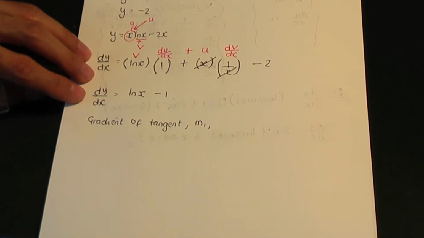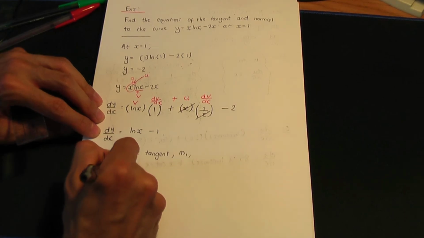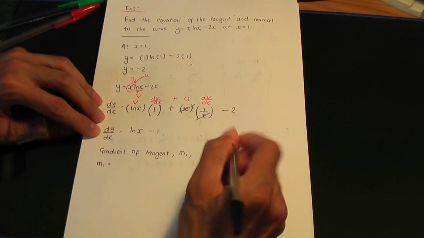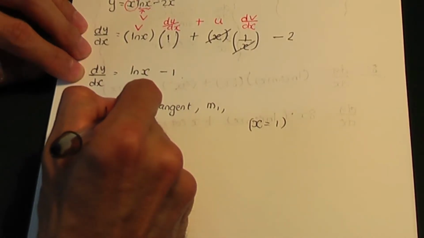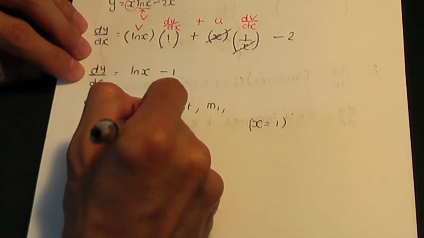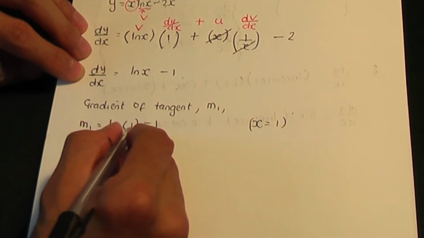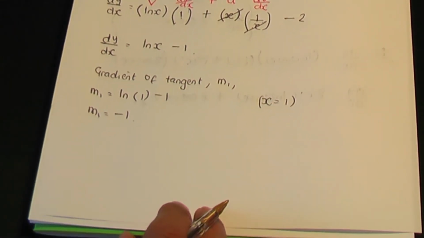So m1 is the tangent gradient for me, and m2 is the normal gradient. If I replace the x value by 1 in dy over dx, we're going to have ln x, which is ln 1, being 0, minus 1, so the gradient of the tangent is minus 1, okay?